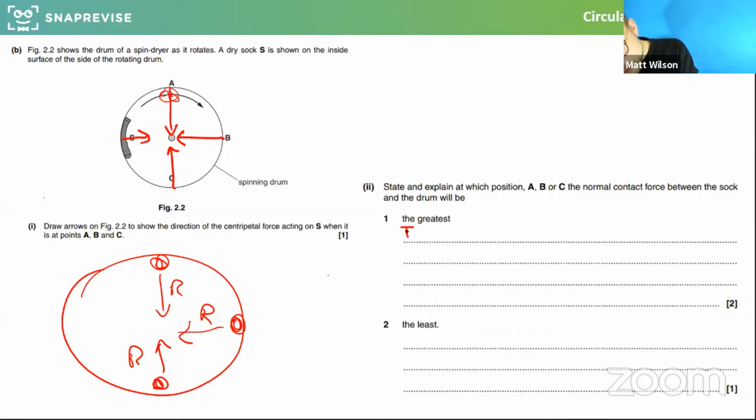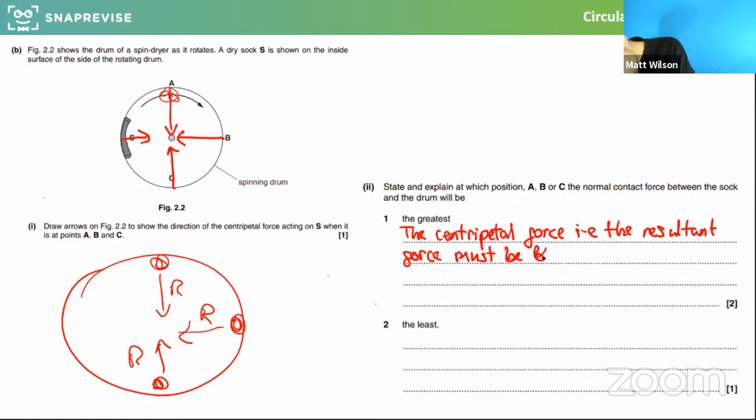The centripetal force, i.e. the resultant force, must be the same in magnitude everywhere.